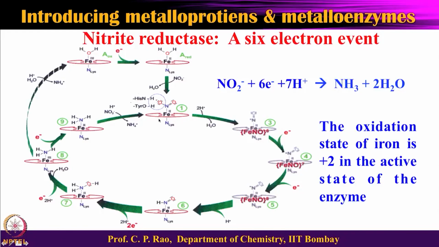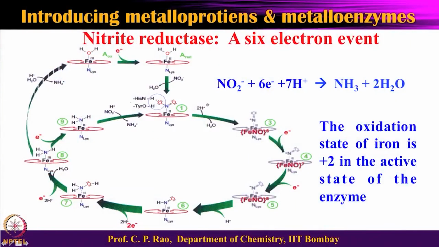Then comes the protonation, and since this is bound, it will stretch the NO bond further because of these secondary interactions with the histidine and tyrosine, and that favors the breakage of this O in the presence of two protons as water. Then you get a nitrosyl kind of species, and this species has a number given, FeNO6. It has nothing to do with 6 or 6 plus anything, it is a species label which is computationally derived.